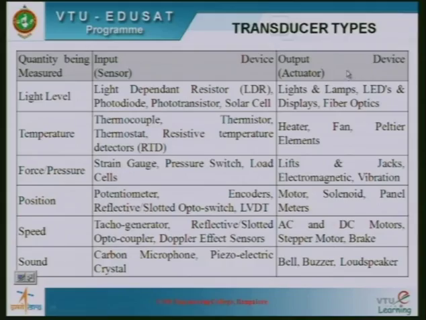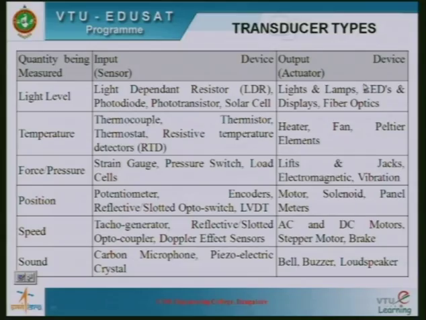So the output devices are, like, I can take a lamp, LEDs, displays, and fiber optics. So here, the sensor is an LDR, it can be a photodiode, it can be a phototransistor, but if I want to convert an electrical signal back to light, I need to use an actuator. What are the actuators now?